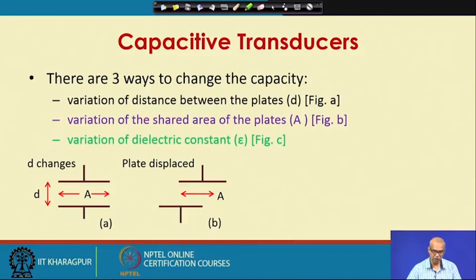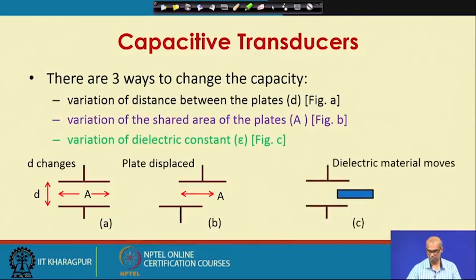You can also change the capacitance by variation of dielectric constant. So, take different dielectric or insulating material between the plates, there will be different capacitance. So, by adopting any of these 3, we can change the capacitance.